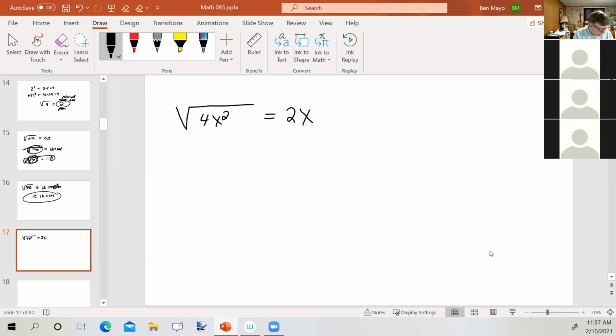But now, keep in mind, the directions said the variables were unrestricted, so they could be any real number. So x could be a negative number. 2 times a negative number would be negative. But since we're taking an even root, we can't get a negative answer. So what we have to do is put that variable in absolute value bars to assure that we aren't getting a negative answer. Okay?